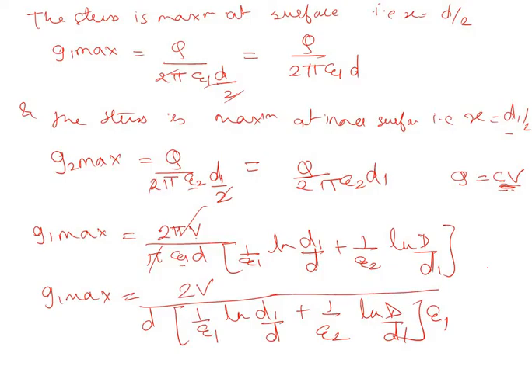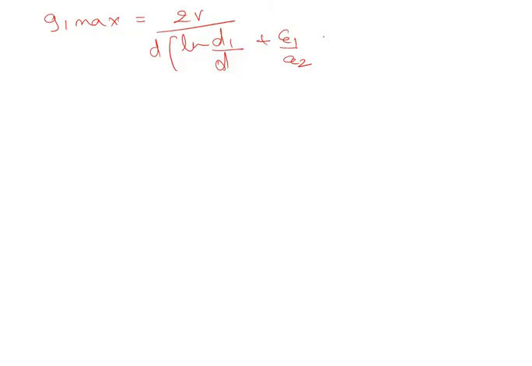So finally, the value of G1 max is equal to 2V upon d into ln of d1 by d plus epsilon 1 upon epsilon 2 ln of capital D by d1, after epsilon 1 is equated in the equation.